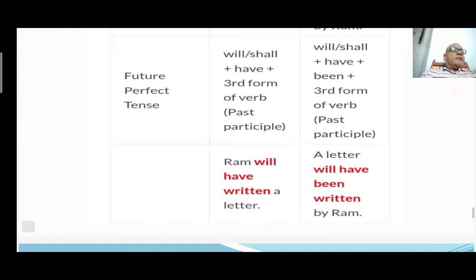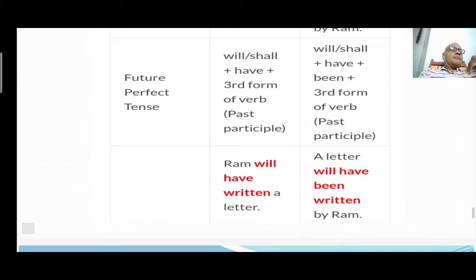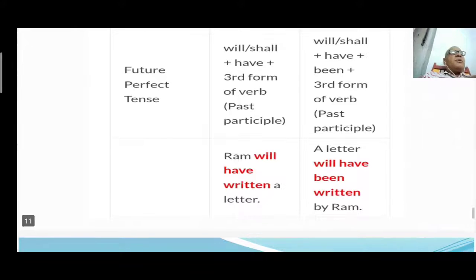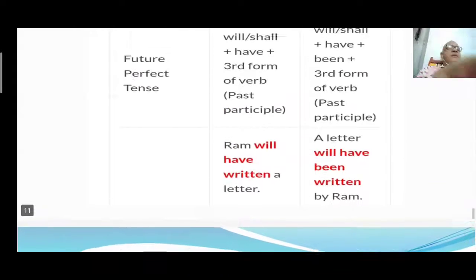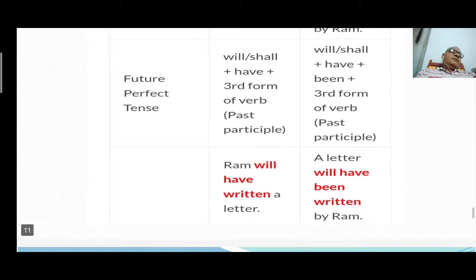A letter will have been written by Rama. One more example, Rama will have written letters. Letters will have been written by Rama. In such a way we can change the sentence into passive voice.